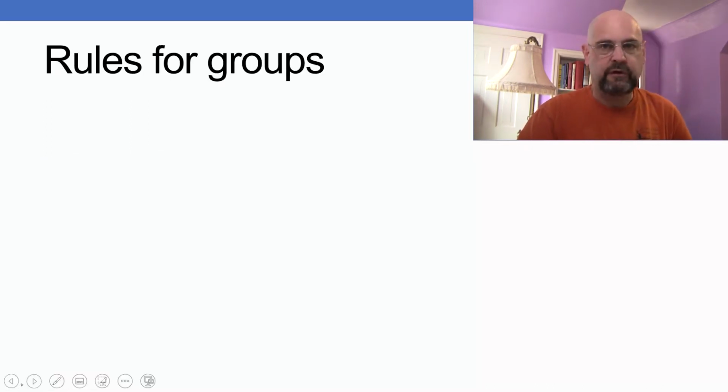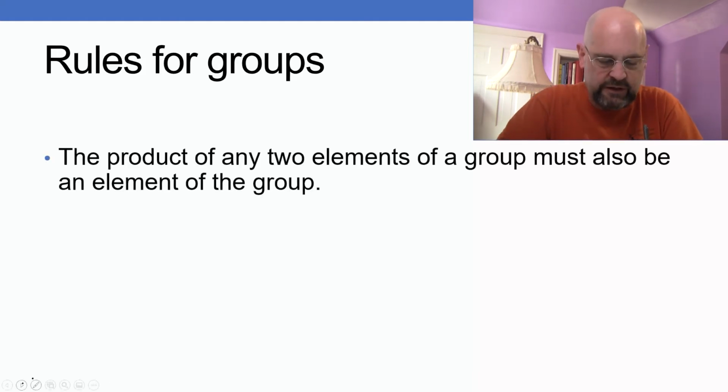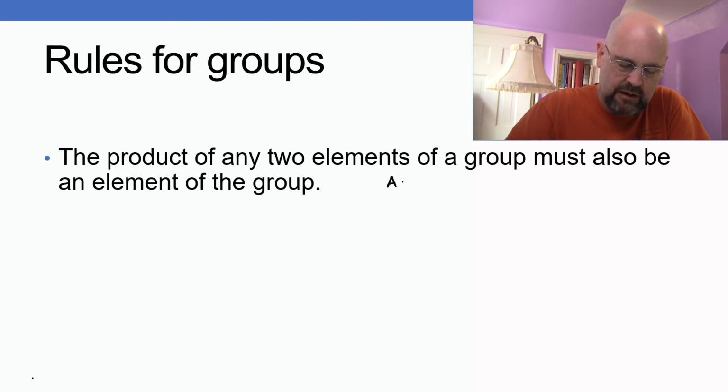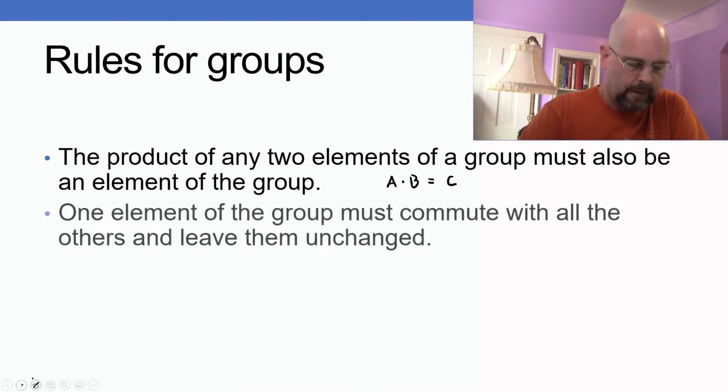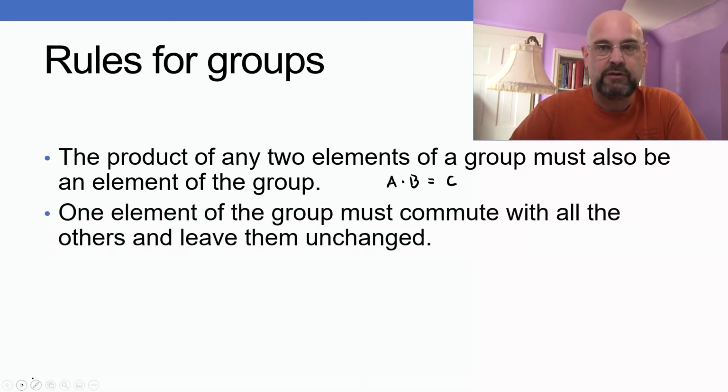Okay, some of the rules for groups. A product of any two elements of a group must also be an element of that group. So if I have some element A and I operate that onto B, which gives me some element C, then C must also be an element of the group. One element of the group must commute with all of the others and leave them unchanged.